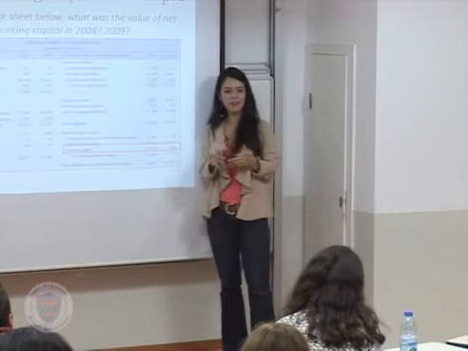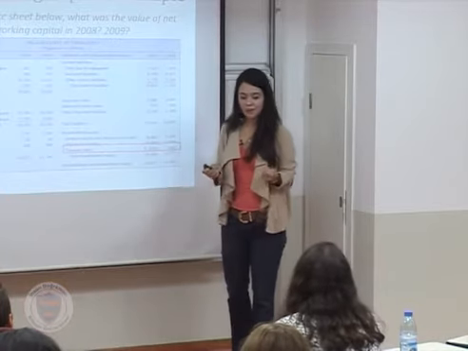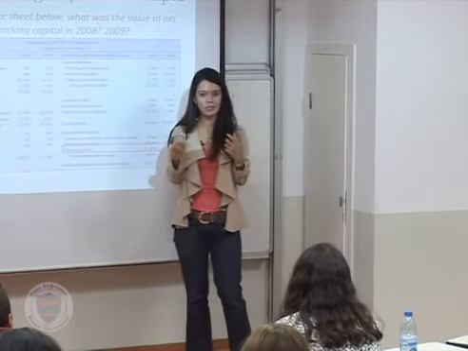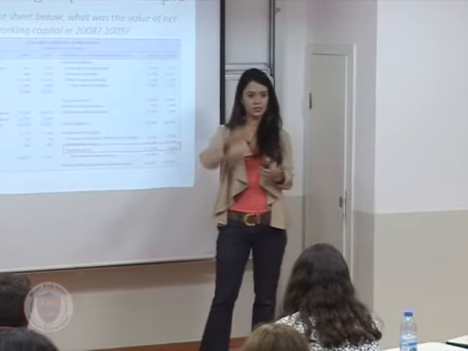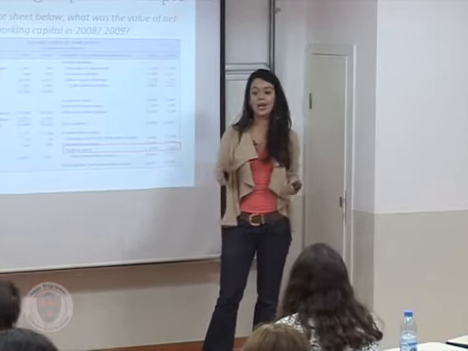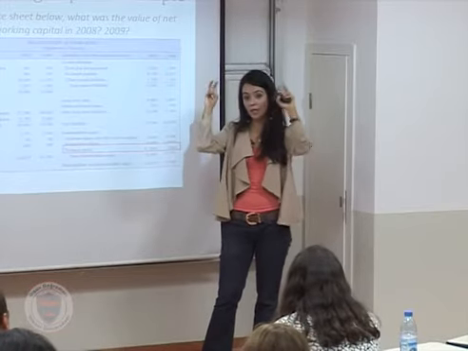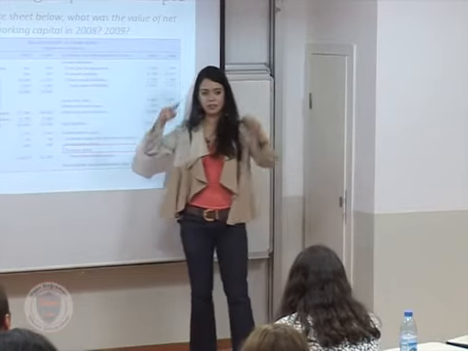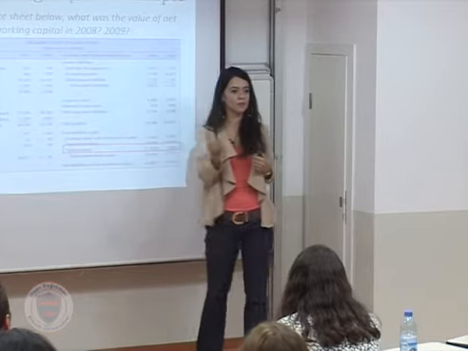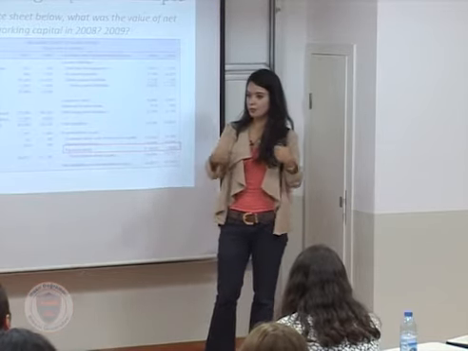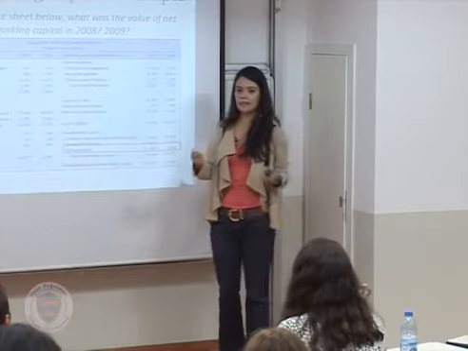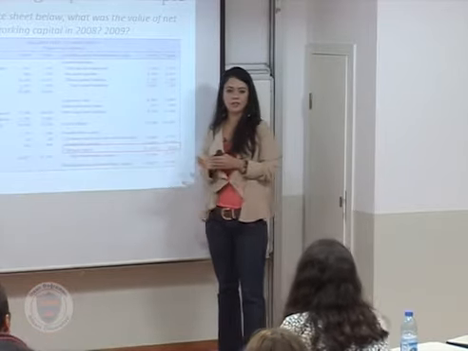Actually, one way to return money to your stockholders is to pay dividends, right? For the stock you have, I pay you dividends. The second way of the payout policy, if you remember the payout policy, is to buy back shares from you. So instead of paying you dividends, I say, okay, I'm going to buy back the shares.